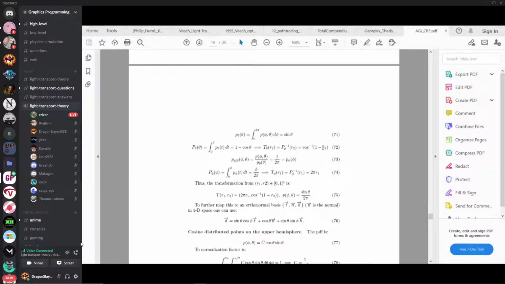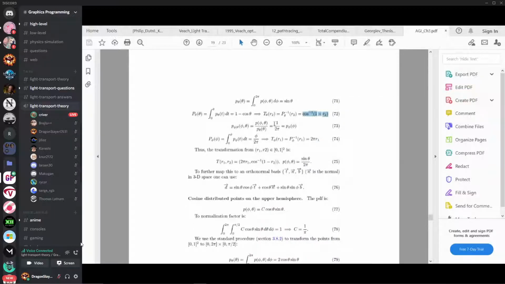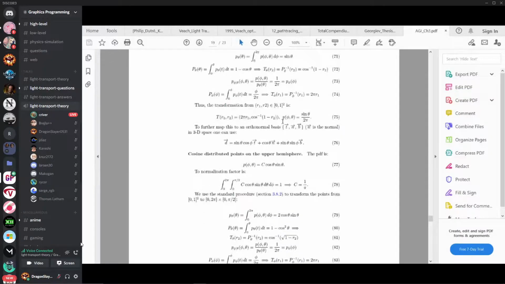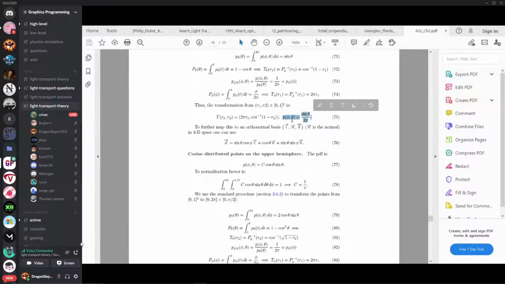So now, if I have a random number in [0, 1], I can use that to compute my transformation to theta, and I can do a similar thing for phi, where you get this for the random number. So given these random numbers in [0, 1], the first one and the second one, you can transform them to phi and theta like this, and you have a density of this form.